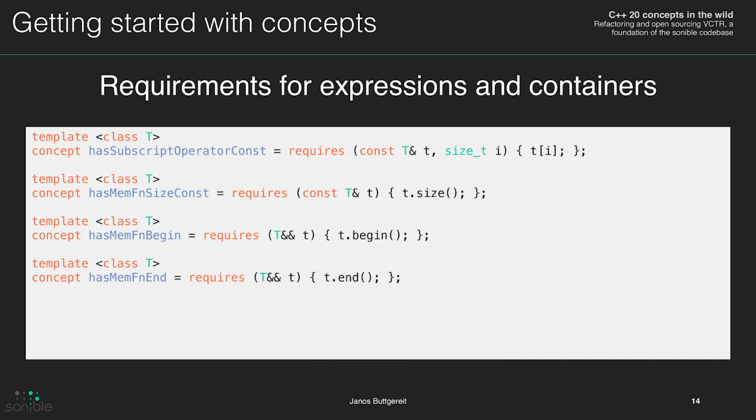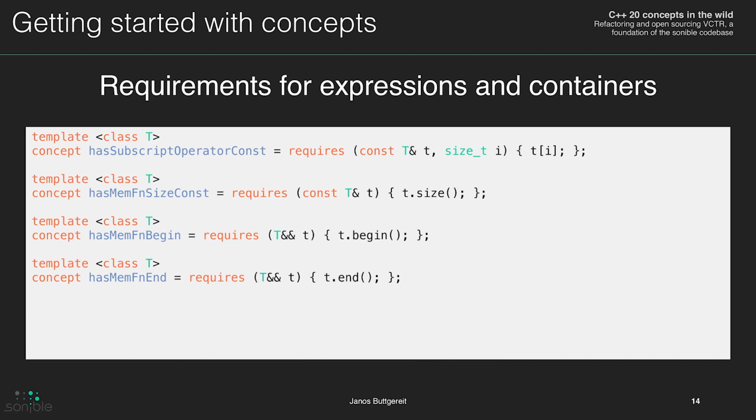And basically, it behaves much like a function. We can pass arguments to it. Makes sense if we pass these template arguments that we want to constrain. But we can also pass additional arguments. So for the subscript operator, I need some index value. And then we have this function body. And all that this concept requires is that this function body would compile to some valid C++ code.